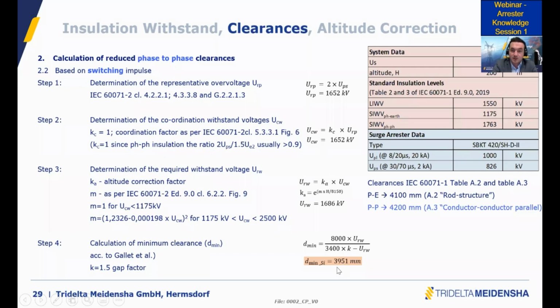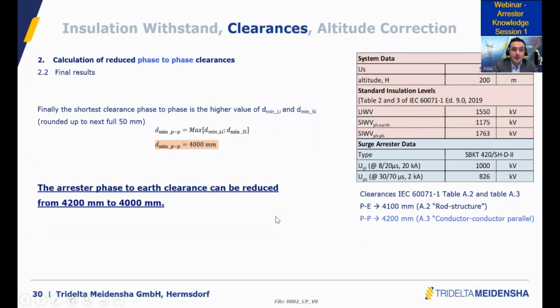So we can reach, in that specific case, 3.95 meters. So we have to round up the value a little bit. So as a conclusion, you can see that for face-to-face clearances, the improvement is not really significant, but still it is possible to reduce it from 4.2 meters to 4 meters.